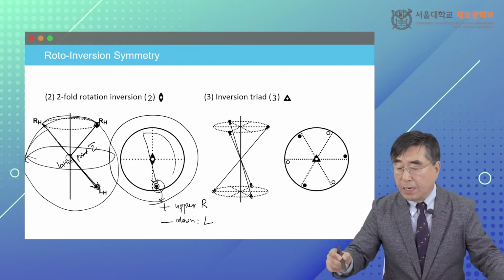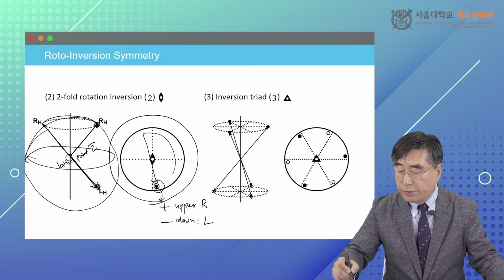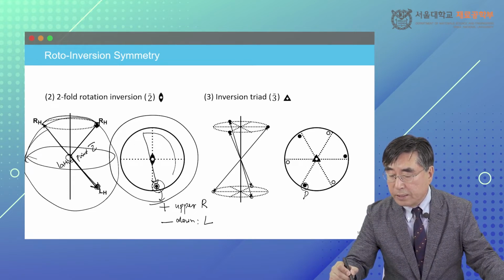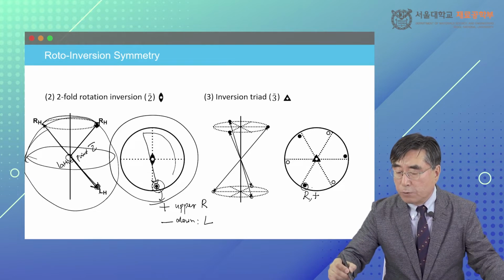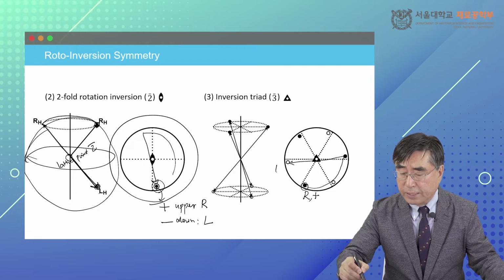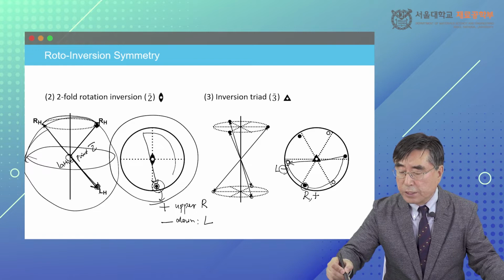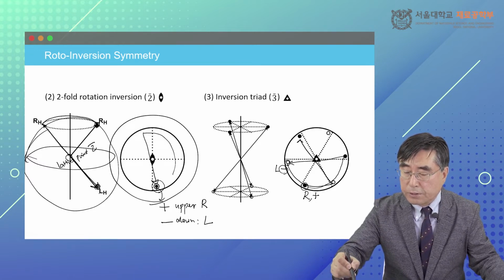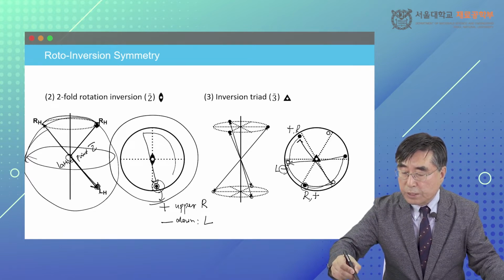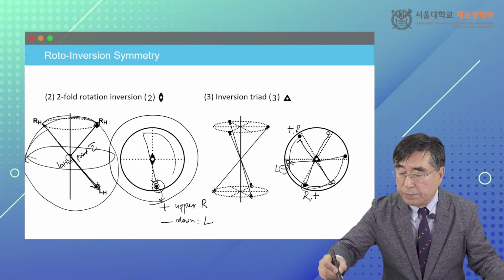Now let's do 3 bar. 3 bar is, for instance, if I have one pole, right hand, upper, now 120 degree rotation inversion makes left hand down pole. Okay, now 120 degree on the down pole, left hand, inversion. So it makes upper pole, right hand. Okay, still it does not go to the original position, so I have to do it continuously. So 120 degree rotation inversion, it makes in here.